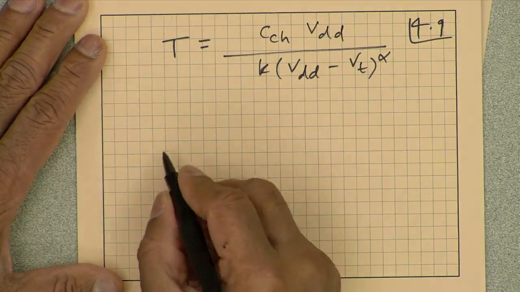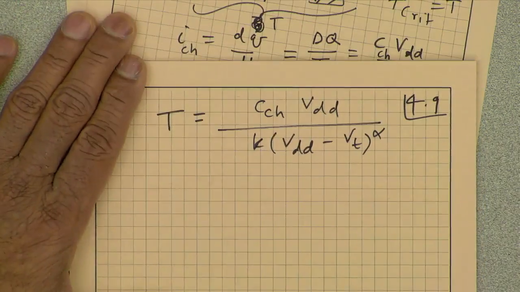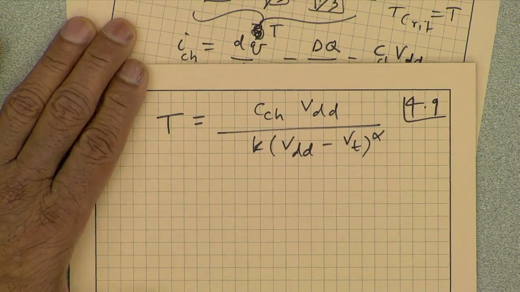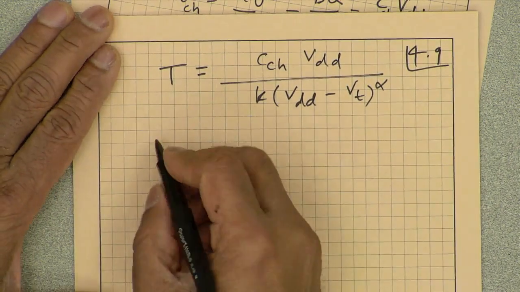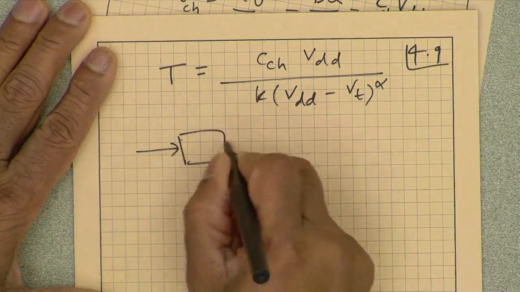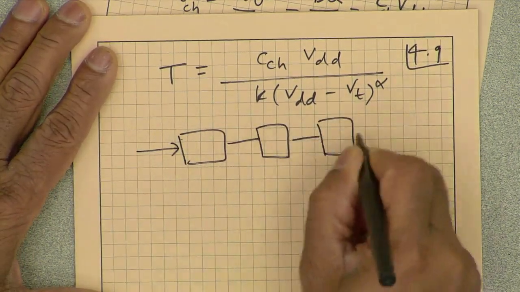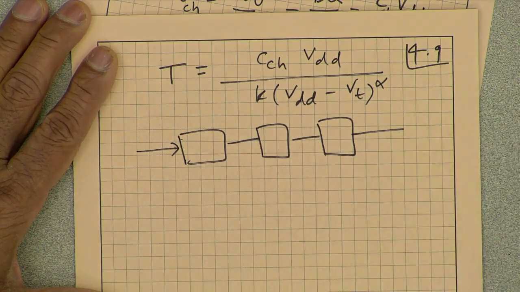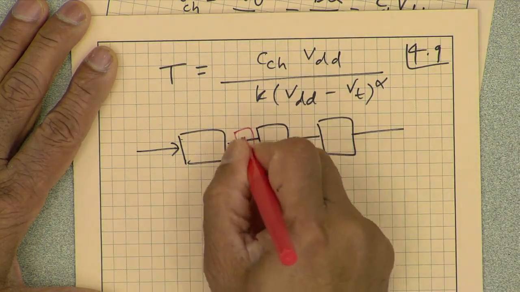Now let's say that we take that same data path that had 3 stages, but now we pipeline that data path.